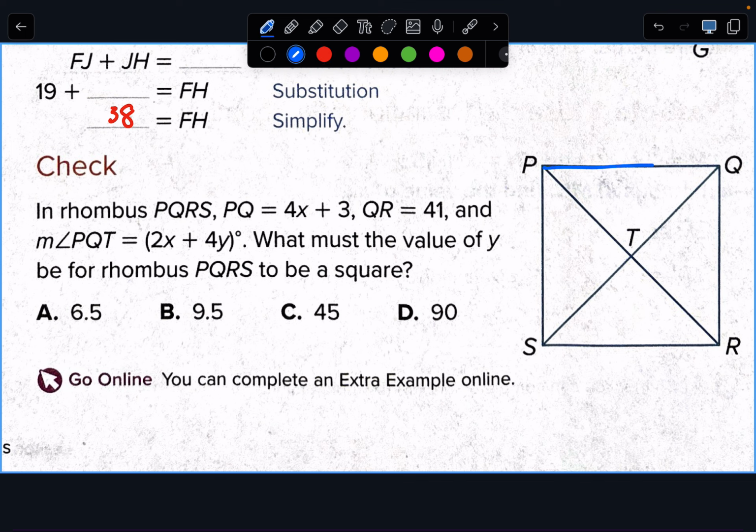This equals 45. What's 38 divided by 4? It's 9.5.